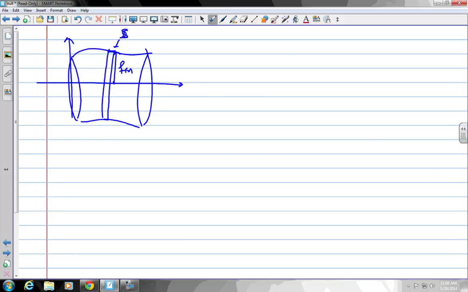So the formula that came out, I think your book uses the big S for the surface area, is 2 pi times the radius, f of x, or the y, whatever you want to call it, times the arc length. That's how you remember that formula: 2 pi r times this little thing.